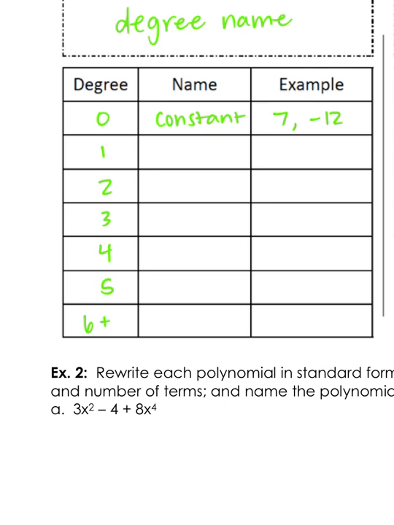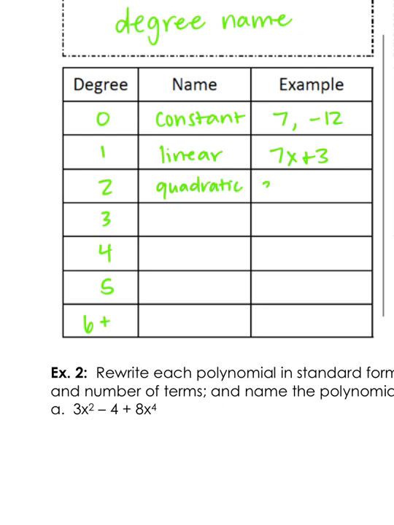When we have a degree of 1, that is a linear polynomial. So that would be something like 7x plus 3. A degree of 2 is going to be a quadratic.